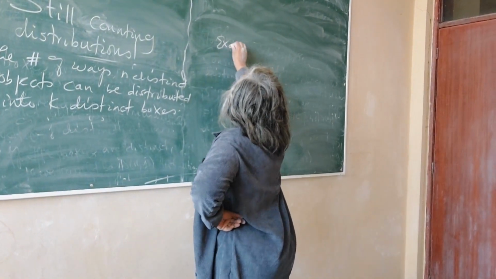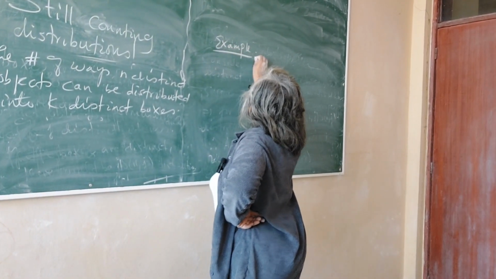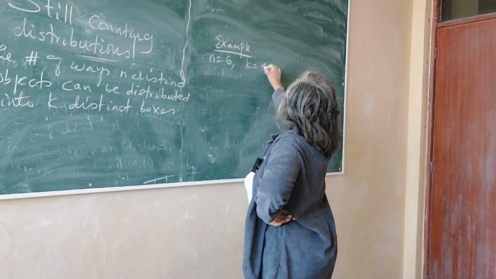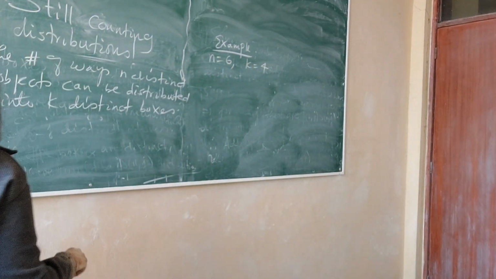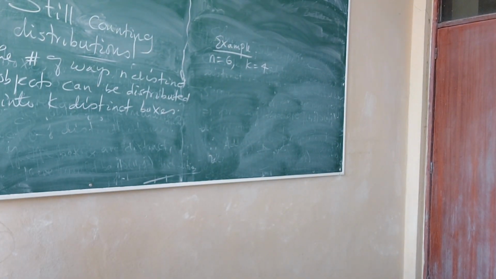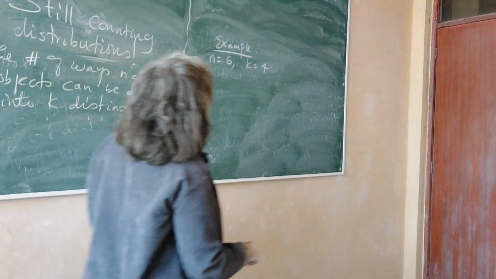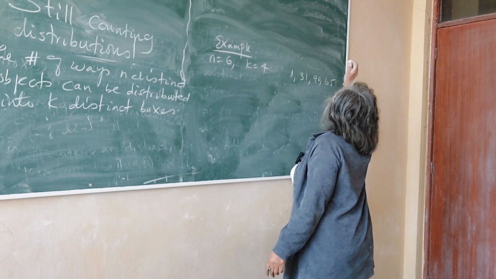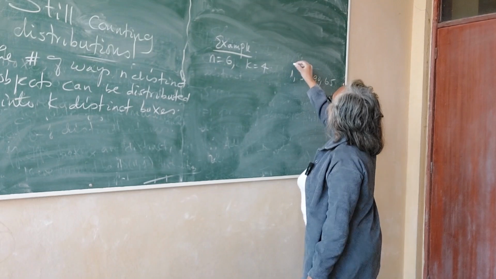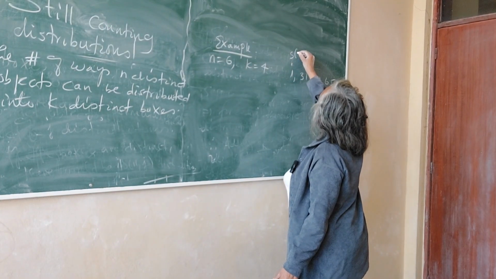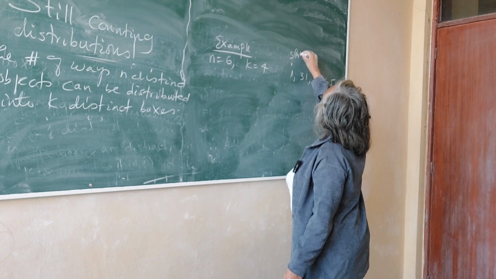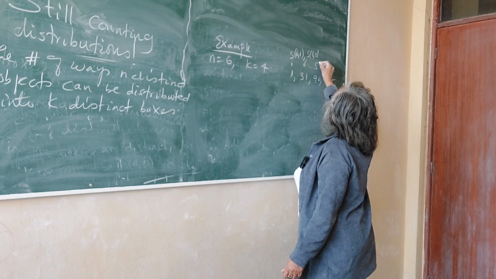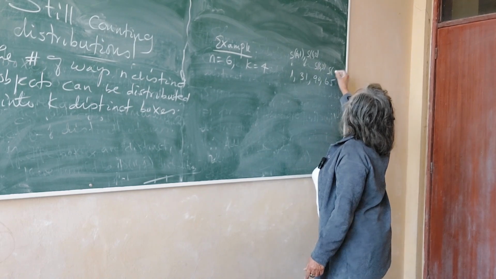Take the case n equals 6 and k equals 4. I'm going to write these numbers here: 1, 31, 90, 65 are the numbers we are interested in. This one is S(6,1), this one is S(6,2), here we have S(6,3), and here we have S(6,4).